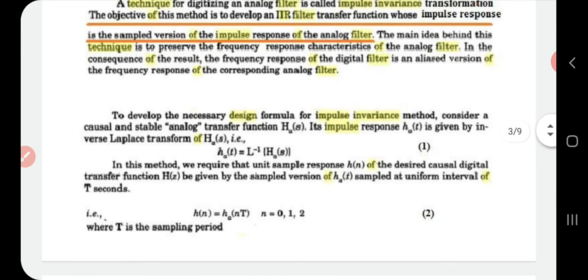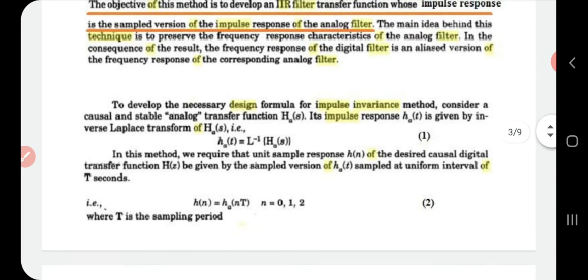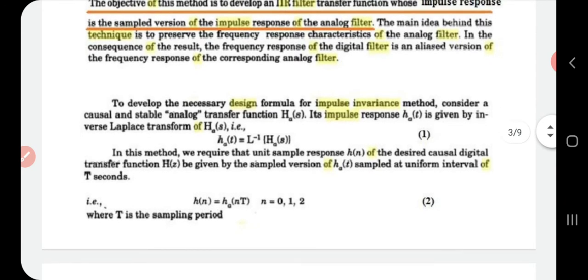Now, to develop the necessary design formula for the impulse invariance method, we first consider a stable analog transfer function, represented as H_a(s). Its impulse response is represented as h_a(t). It is given by the inverse Laplace transform of H_a(s), the analog transfer function.